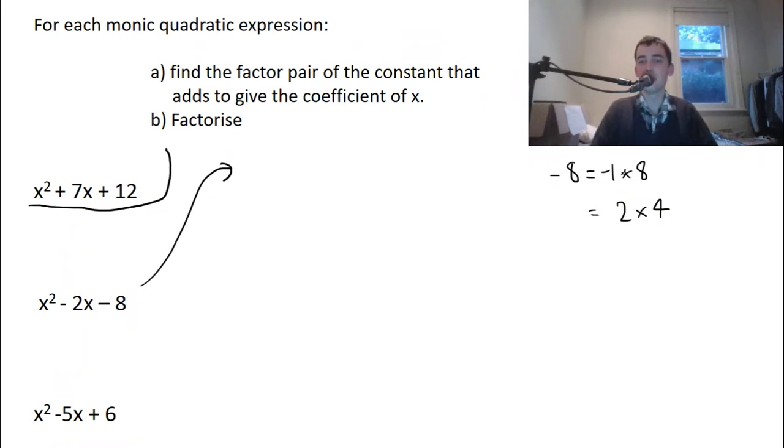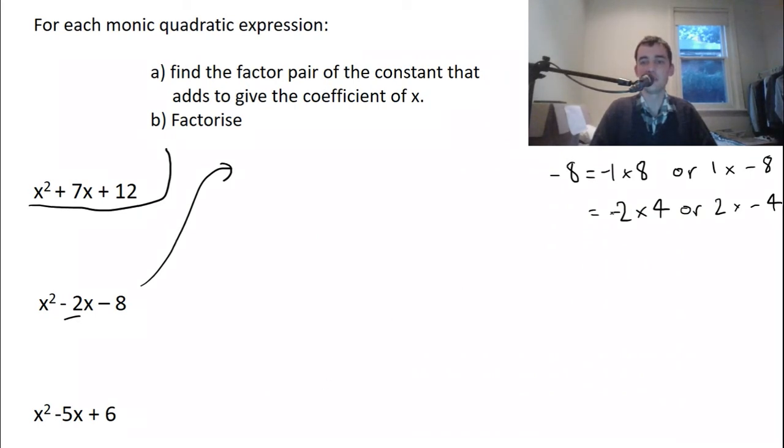So let's write -1 times 8 or 1 times -8. Same with this one, -2 times 4 or 2 times -4. Now if I add these two up, remember we're trying to add them up to get to -2. -1 plus 8 is 7.